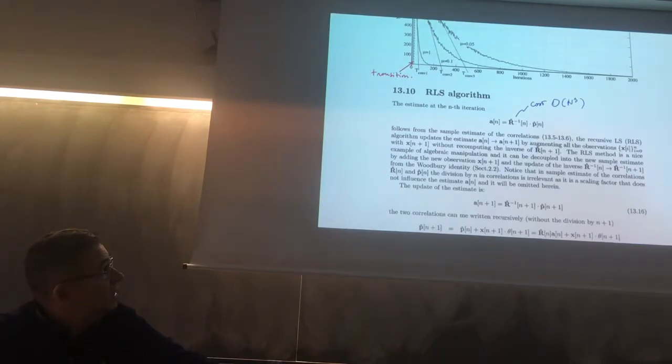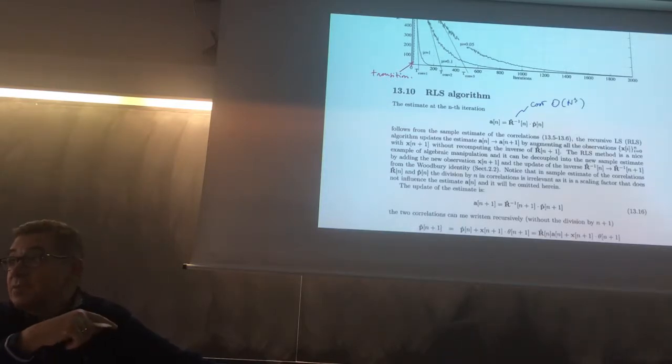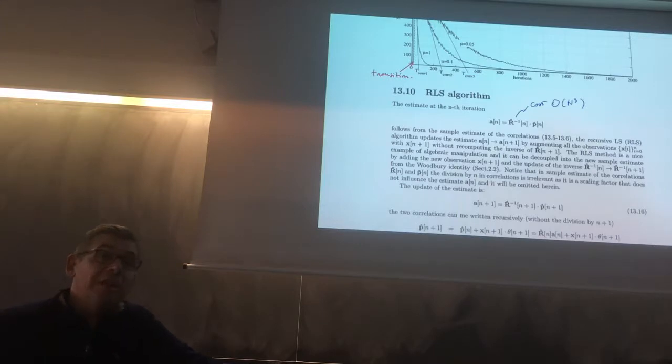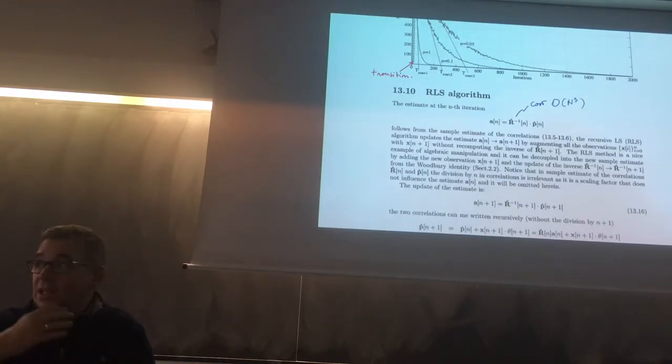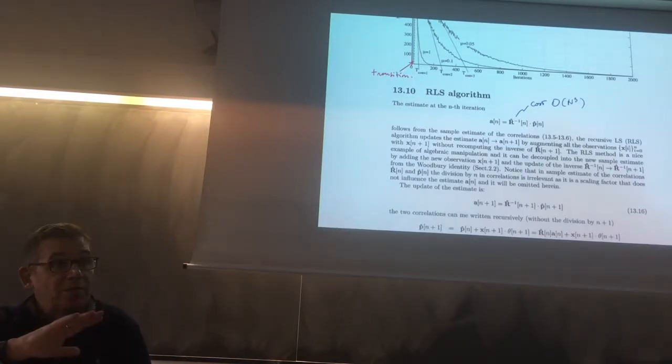Now, rather than doing that, the real issue is, can I avoid inverting the matrix R? With the LMS adaptation, we said I don't even calculate the matrix R. I let the computation of the inverse of the matrix be part of my solution, but I never invert explicitly.